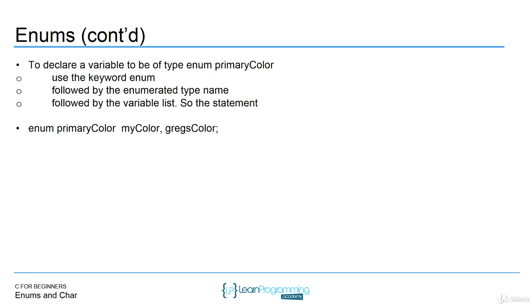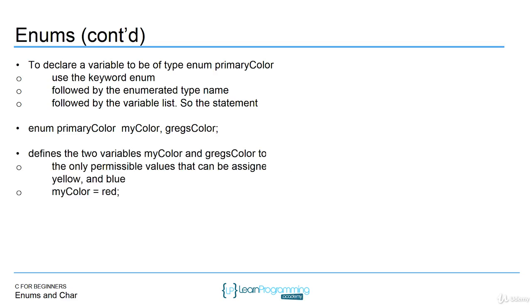So again, this is where we're using the enum. We've already defined what the enum can be, just red, yellow, or blue. And now we're saying we have two variables named myColor and gregsColor that can only contain one of those three values. They can't contain anything else. So here we're declaring variables of primaryColor, defining two variables, myColor and gregsColor, to be of type primaryColor, which is an enum type.